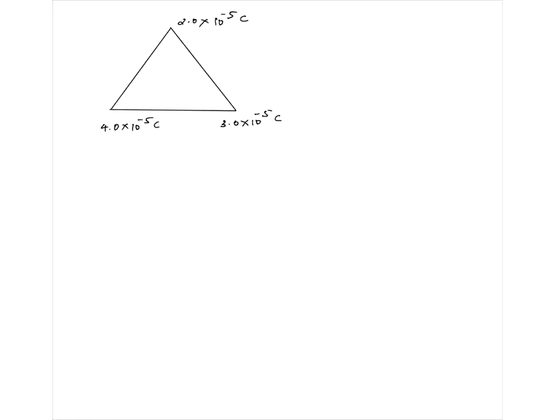How much work has been done in assembling these charges? Charges are placed at the vertices, and this is an equilateral triangle. How much work has been done in assembling these charges means how much work has been done by the external agent.